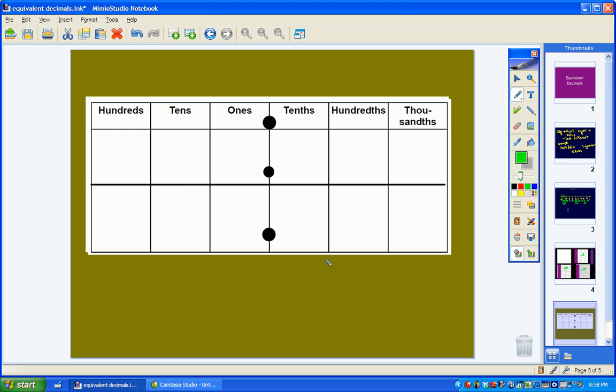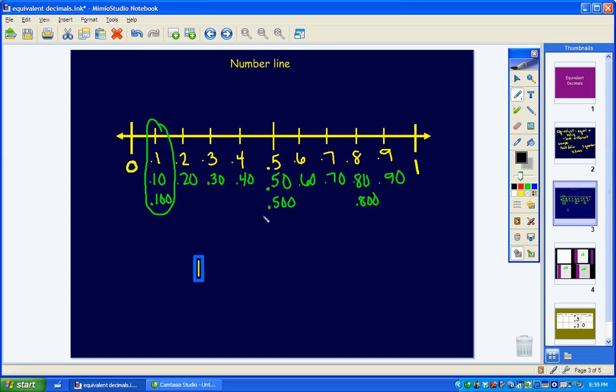So let's just look at this on a place value chart. If I had 3/10, it would be equivalent to 30 hundredths. And we can look back on this. 3/10 is 30 hundredths, which could be 300 thousandths.